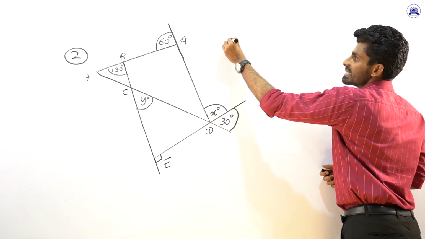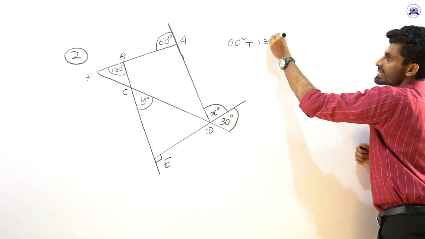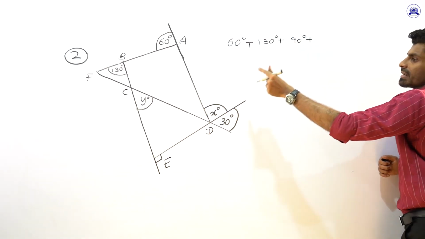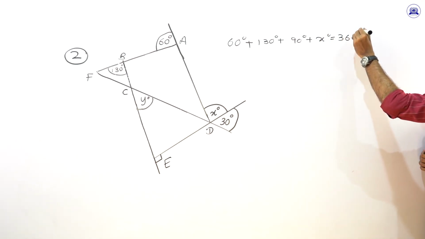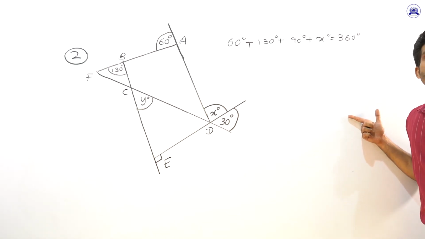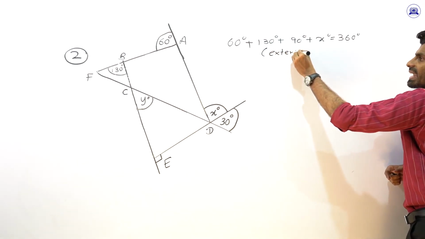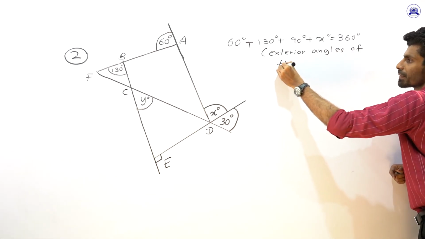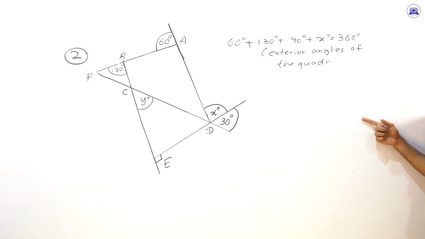Let's see: 60 plus 130 plus 90 plus X equals 360 degrees, right? So what is the reason? Exterior angles of the quadrilateral.